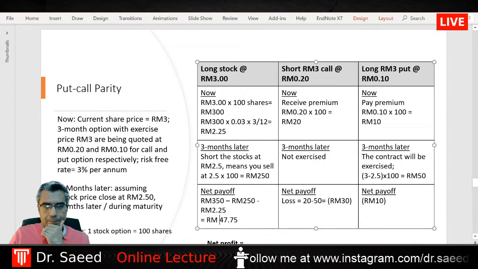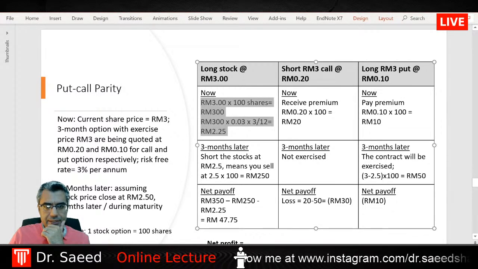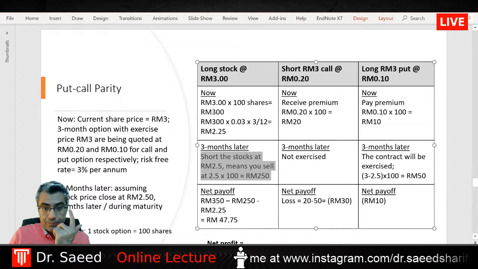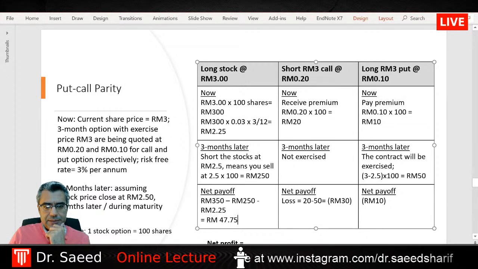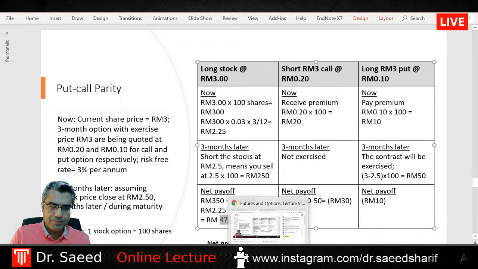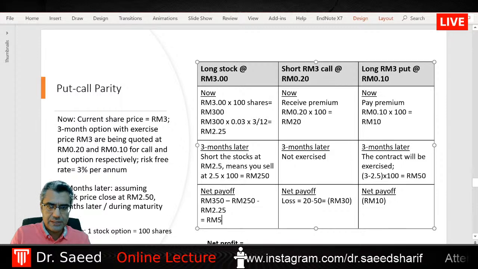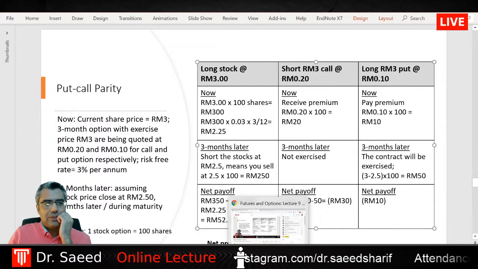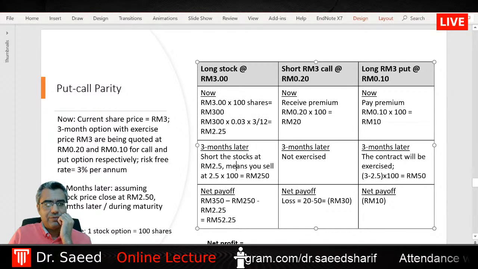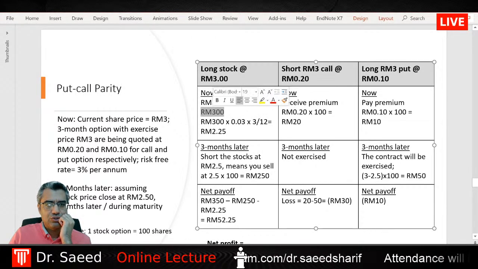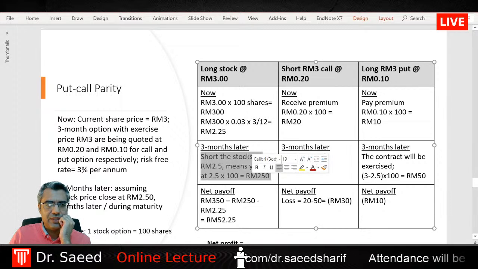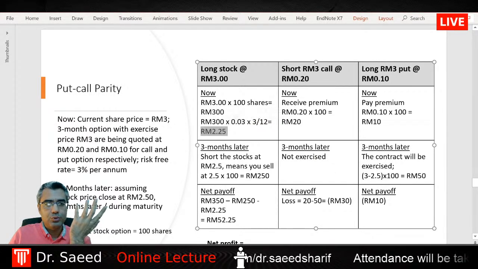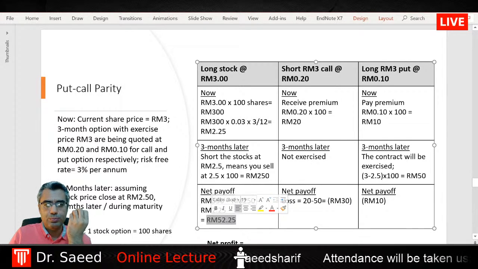Here you are buying it, later you sell it cheaper. So it's 52.25. So this means your loss is 50 ringgit because you bought it at 300, you sold it at 250, and you have 2.25 ringgit finance cost. So your loss in total is 52.25.